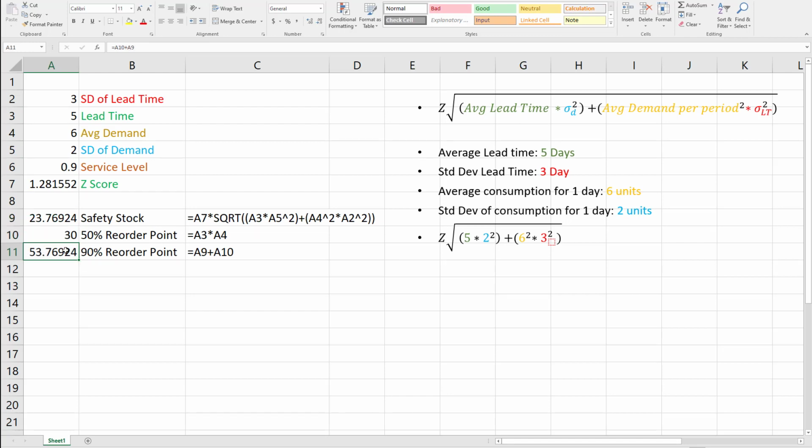So we got approximately the same answer as we did doing this with a z-table, but there are some variances there. Our reorder point, again, is simply that 5 times 6. We use our z-score from this to get a 90% reorder point of 53.7. And that is it.